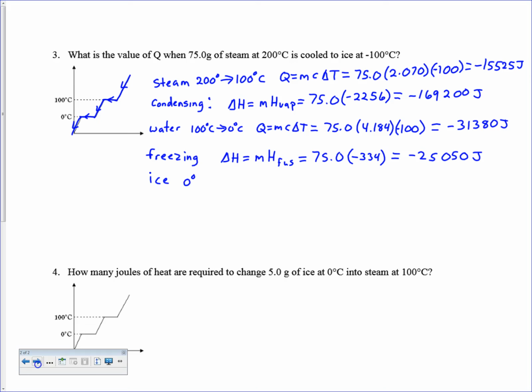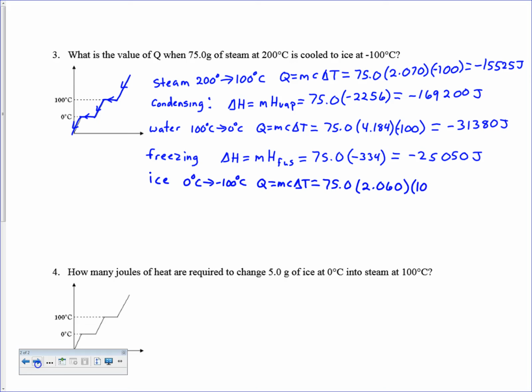degrees Celsius down to negative 100 degrees Celsius. Okay, so we're going to say Q equals mc delta T again. Mass still 75. C for ice is 2.060.